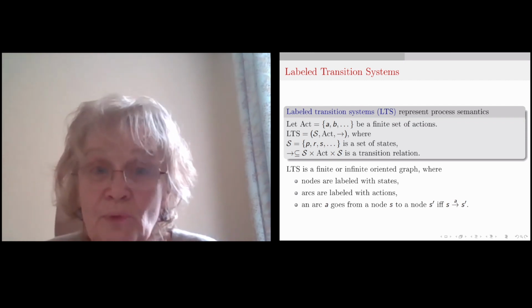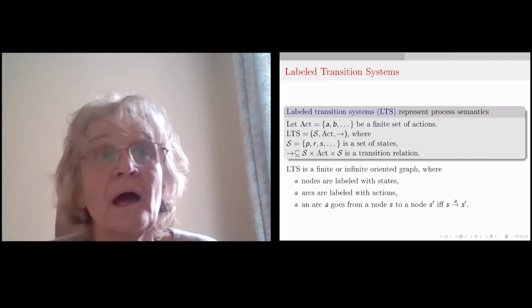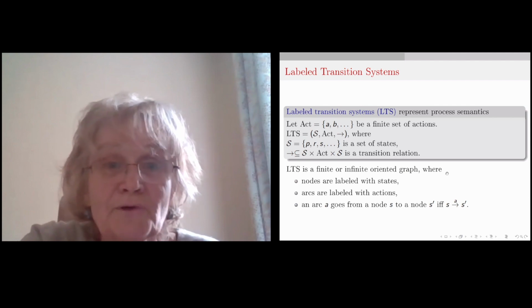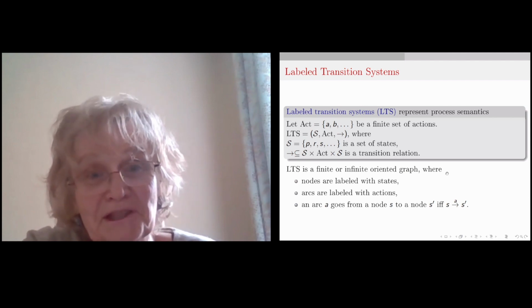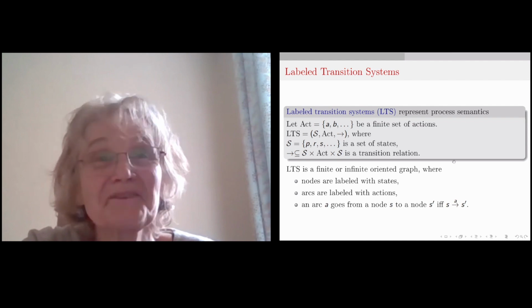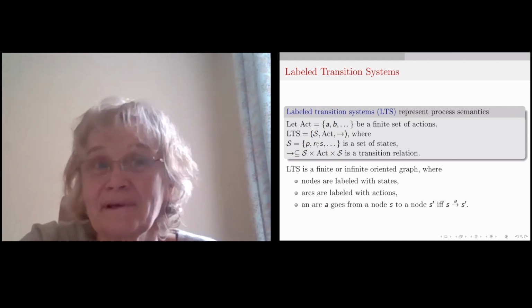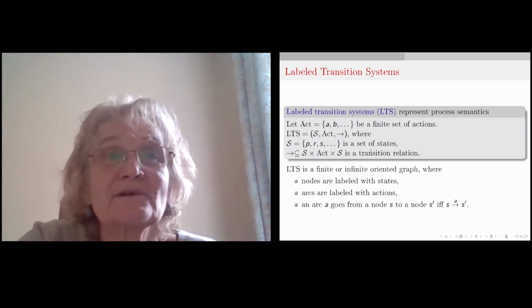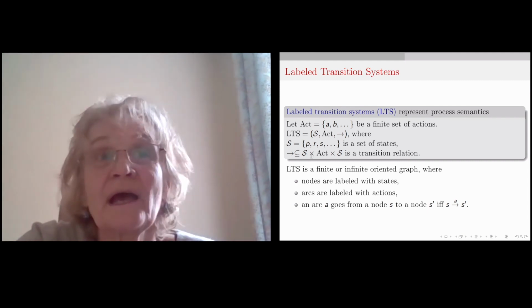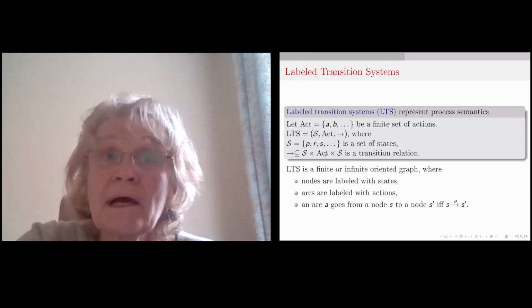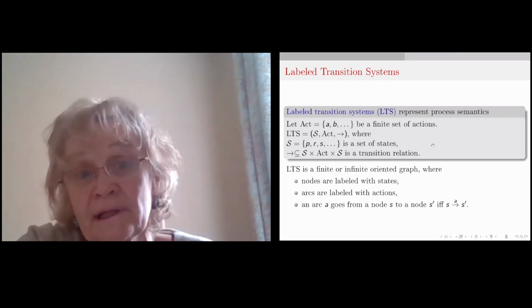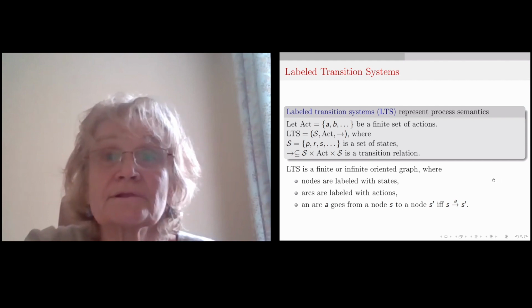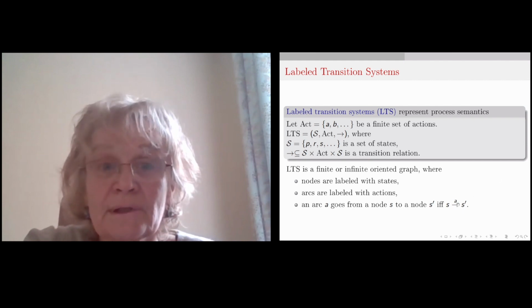This is a universal way to represent system behavior. A labeled transition system looks almost like a finite state machine, but it may be infinite. So it is a finite or infinite graph where we have a set of states, nodes, arcs, and also names for these arcs, labels, which give names to our transitions.